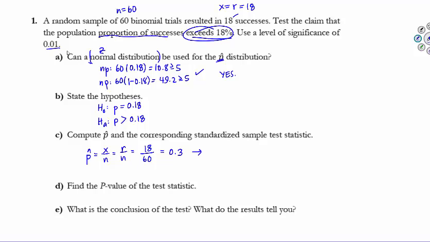Then, because we have p-hat, we can make the test statistic z, which is p-hat 0.3 minus p, the thing we assume to be true, 0.18, divided by the square root of p, 0.18, times 1 minus p, divided by the sample size.